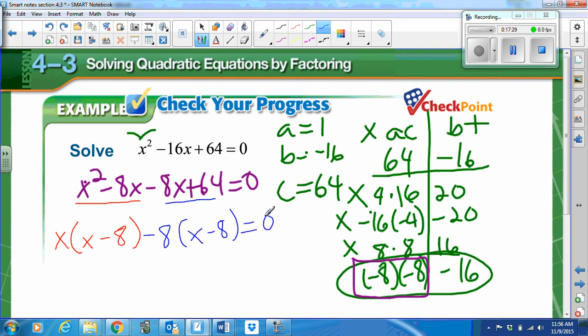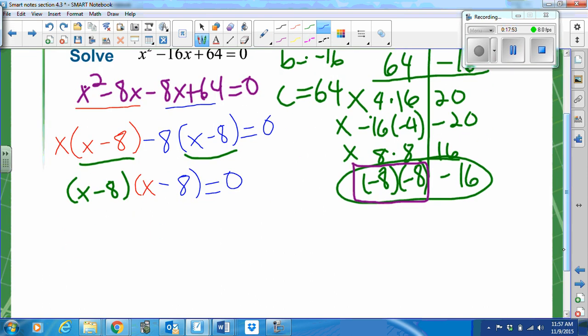Now, if you don't have two matching factors, then something has gone wrong. These two should match up. So when I look at the red and look at the blue, I see that when I pull x minus 8 out of the red and out of the blue, I'm left with x minus 8 times x minus 8 equals 0. So again, we have a double root.